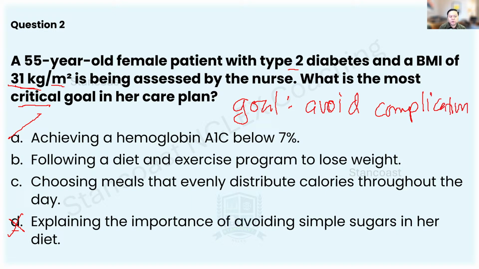Even though the letter B states following a diet and exercise program to lose weight, it sounds really good, right? But this is not specifically targeting the goal of maintaining a healthy range, which is basically below 7. B is not going to achieve the goal in A. Will it?